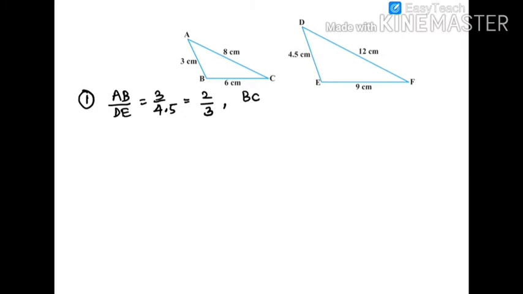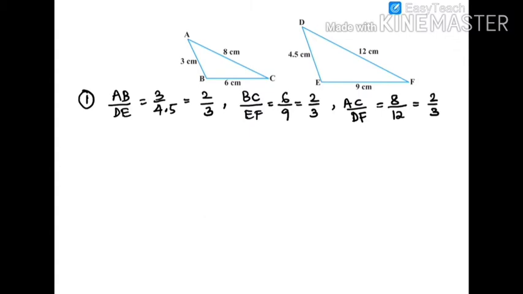Then BC upon EF is equal to 6 upon 9, which is equal to 2:3. AC upon DF is equal to 8 upon 12, which is 2:3.